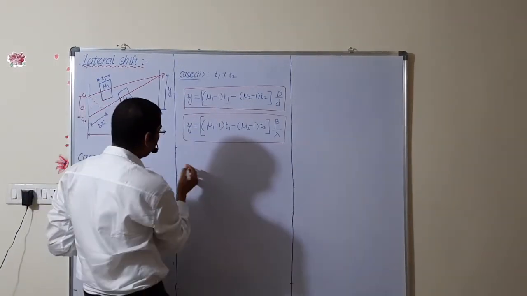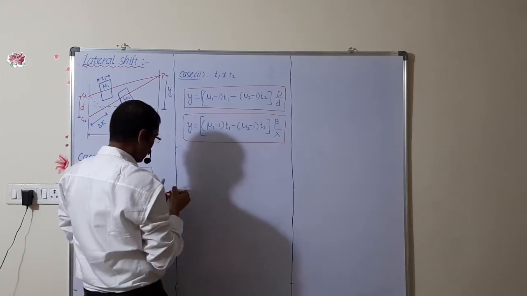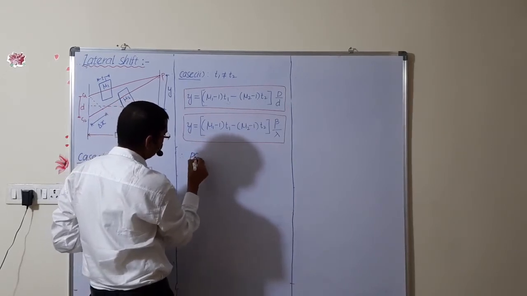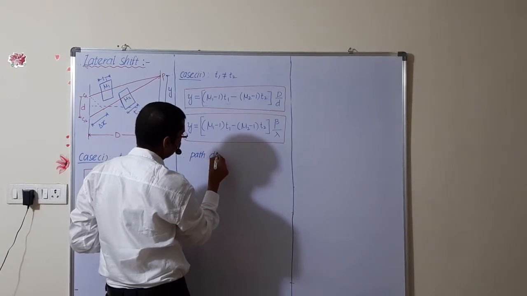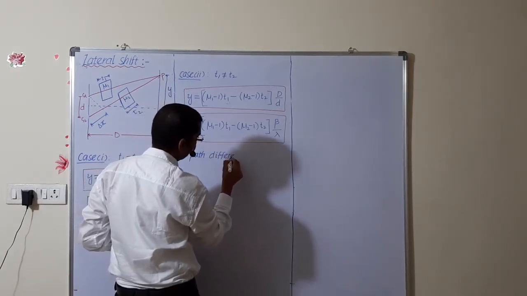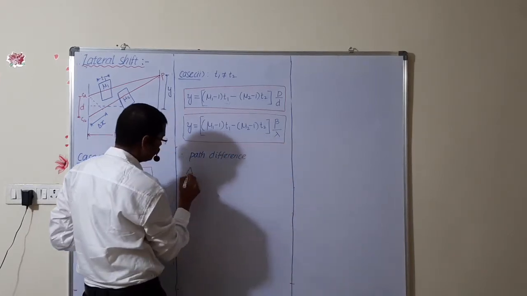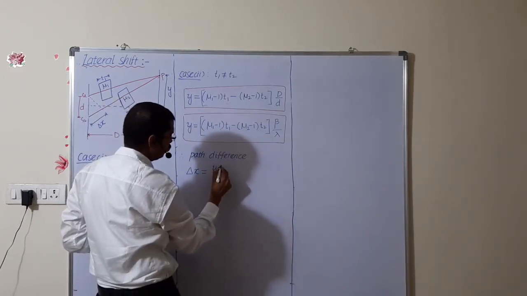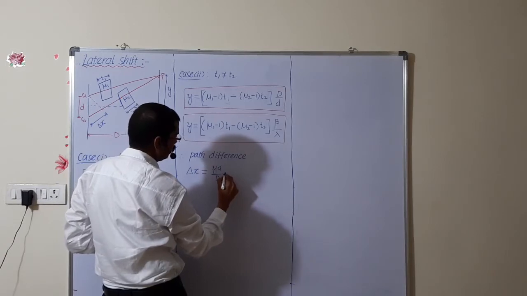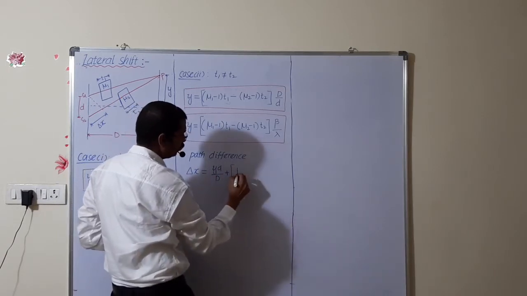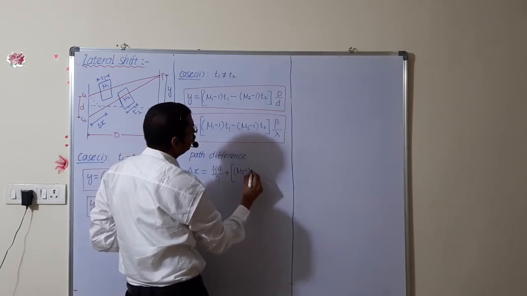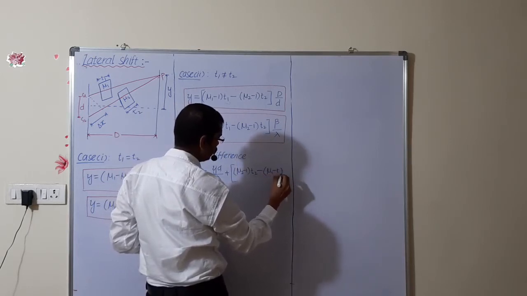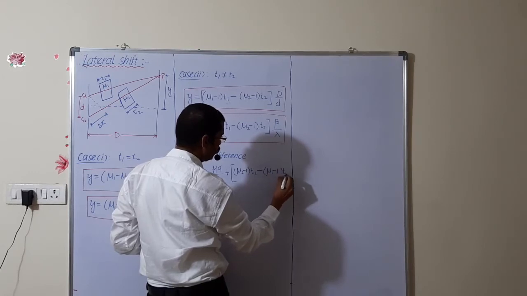In this case, if you want to find the path difference, the path difference delta x is equal to y small d upon capital D plus (mu2 minus 1) into T2 minus (mu1 minus 1) into T1.